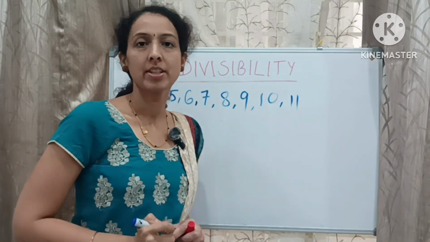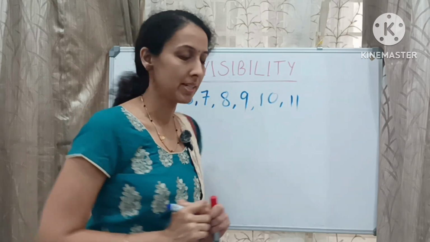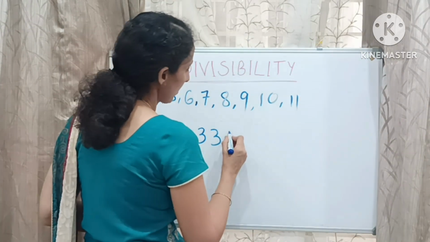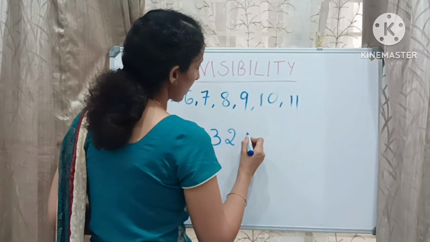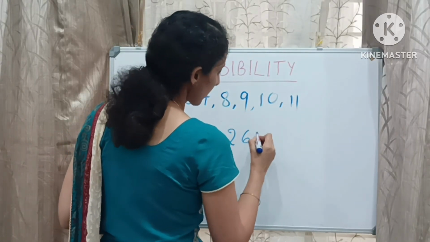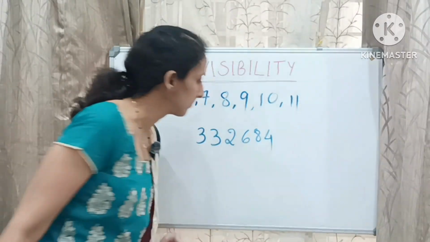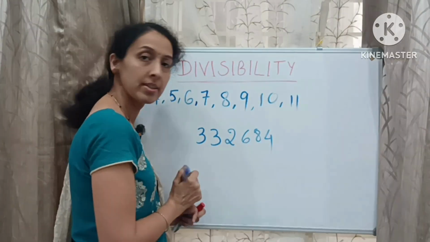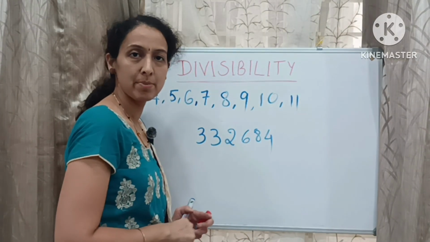Let's see if the given number is divisible by 11. Let's take a number 332,684. Let us see if this number is divisible by 11.